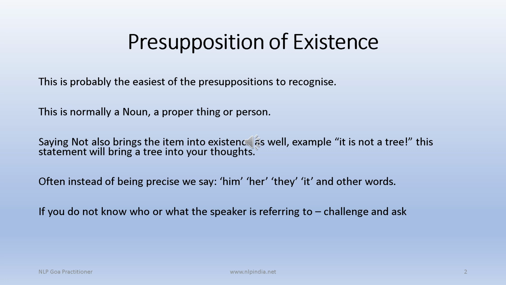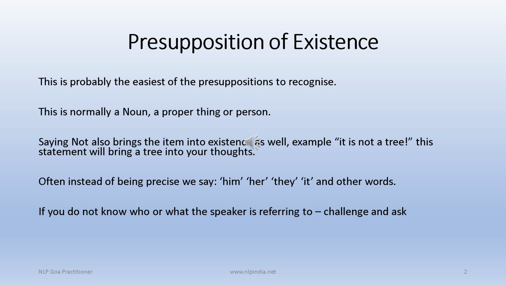So let's look at the first of these, the presupposition of existence. This is probably the easiest of the presuppositions to recognize. This is normally a noun or proper thing or person. And saying not also brings the item into existence as well. For example, it's not a tree.